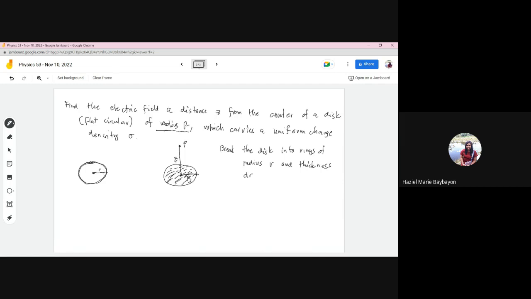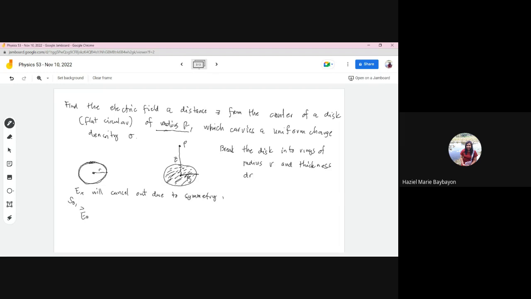For this, the components that cancel out are the x components again. So the horizontal components will cancel out due to symmetry. The x component of the electric field will cancel out due to symmetry.